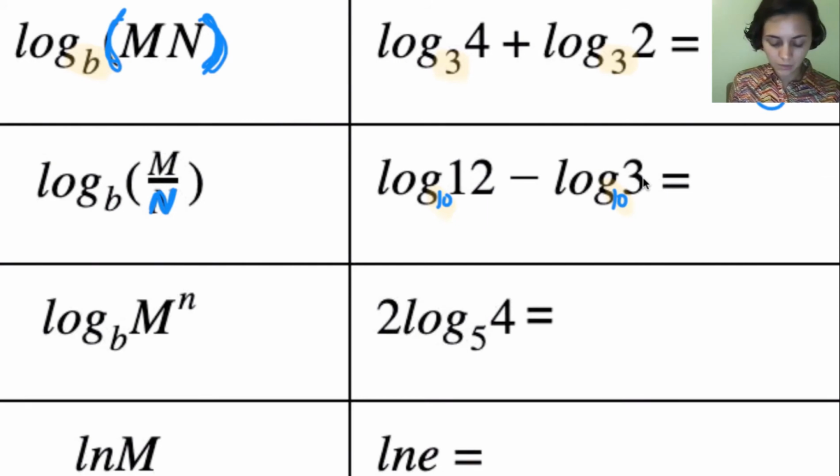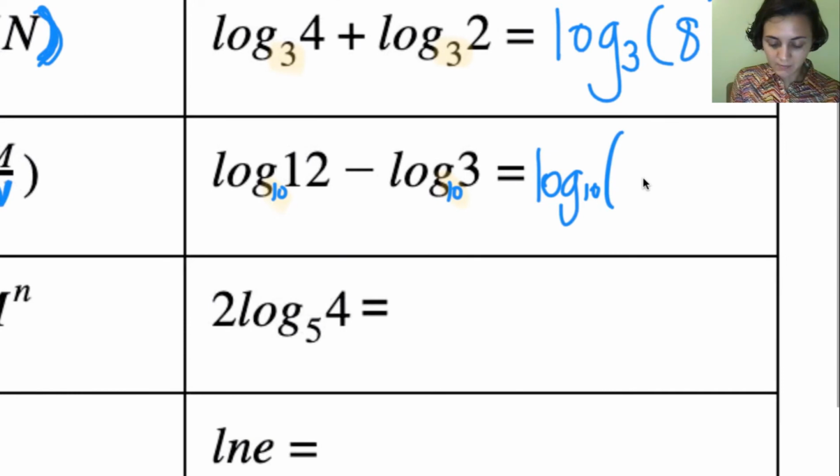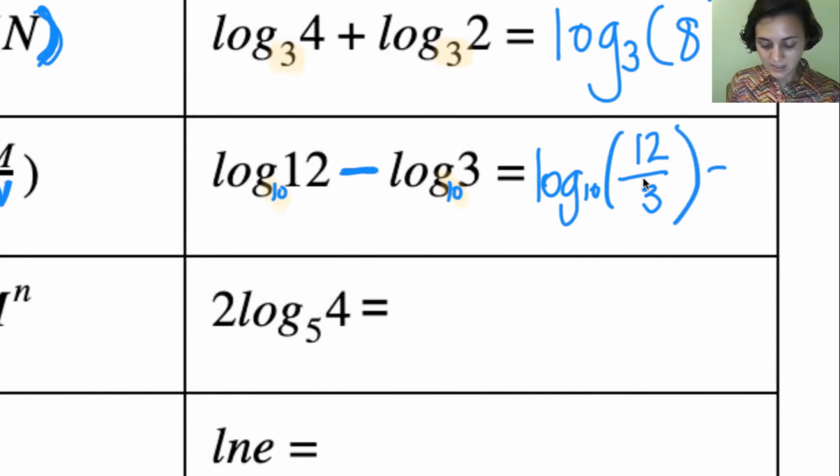Okay. So combining these two log base 10s, I am going to divide and make sure that I'm dividing by whatever's being subtracted. So that means the 3 goes in the denominator, and this ends up being log base 10 of 4.